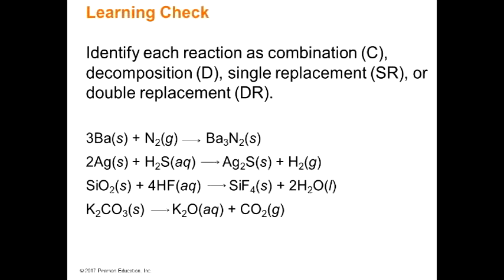What about this one? Double. Yep. And what about this one? Decomposition. Yep. You get it? So you just simply look at it and you name it. It's like naming your kids or naming your pets or naming your favorite car, having clothes. So you simply name it. And these are the names.